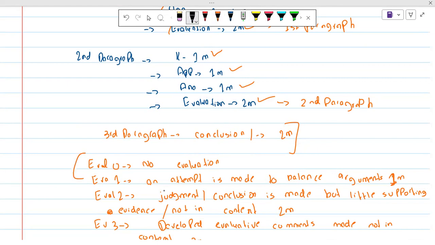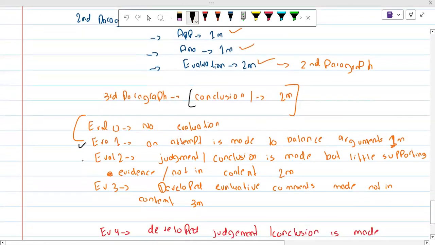But if you attempt to make a balanced argument, for example, if you write some sentences balancing your arguments in your conclusion paragraph, it means that you will get 1 mark for it. Okay. And in evaluation 2, a judgment or conclusion is made but with little supporting evidence, not in the business context.